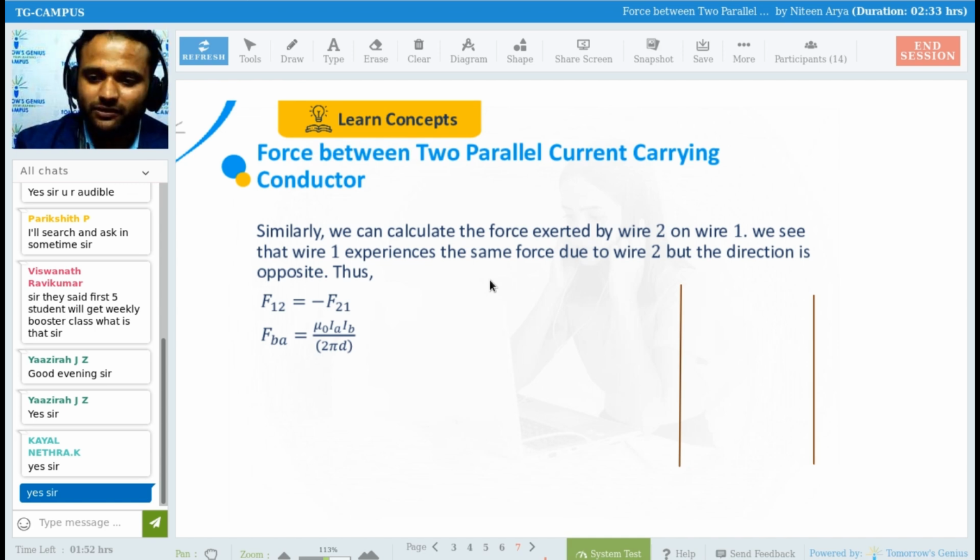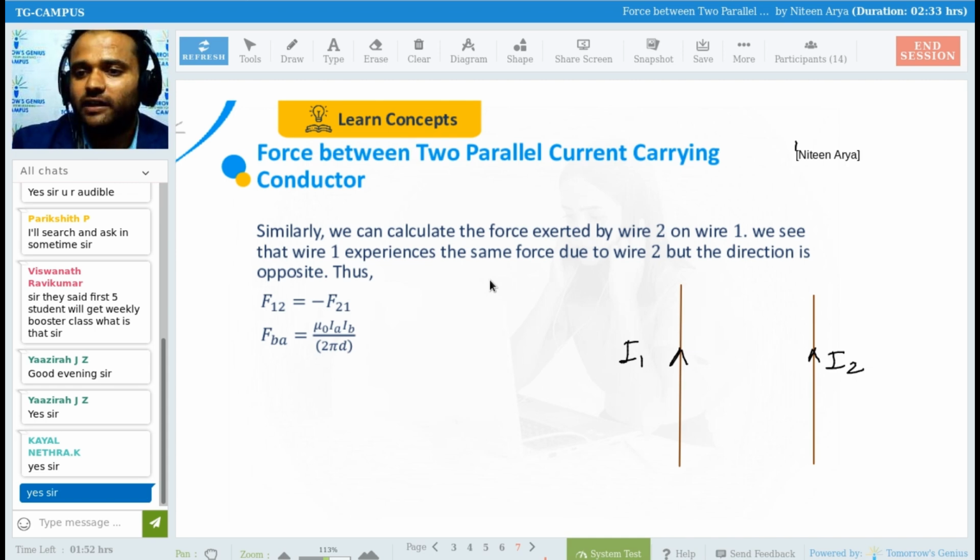So many examples, what I'm talking about right now. This is your I1, this is your I2. So right now I'm finding B2 first, and B2 is nothing but mu naught I2 upon 2 pi d.